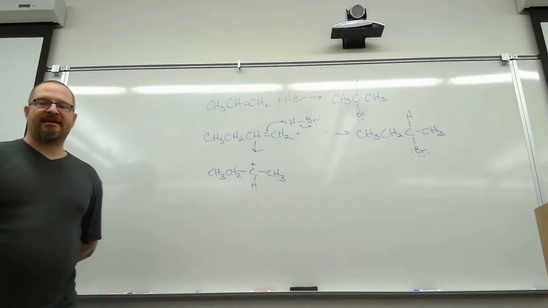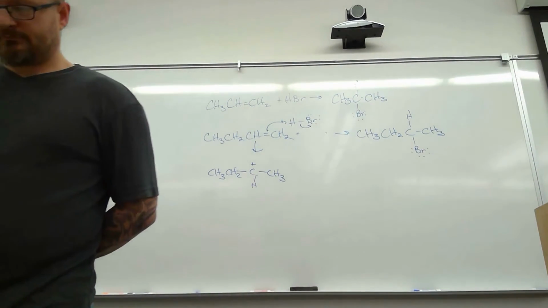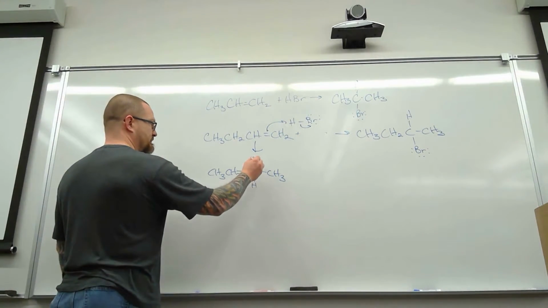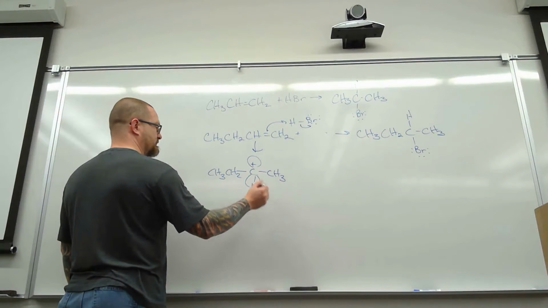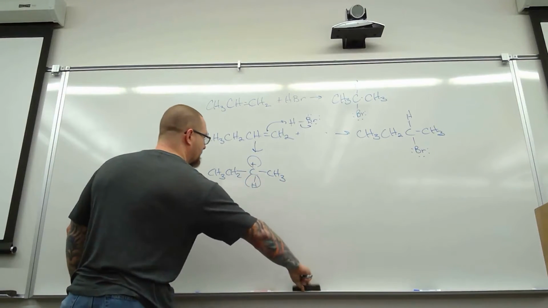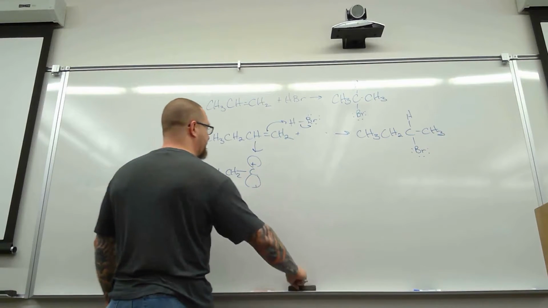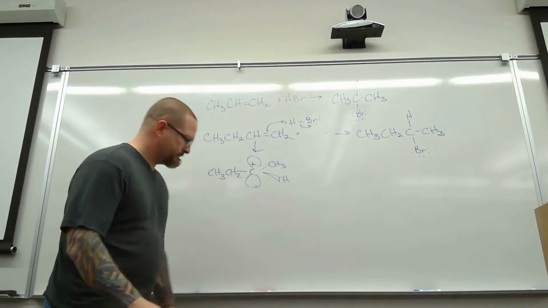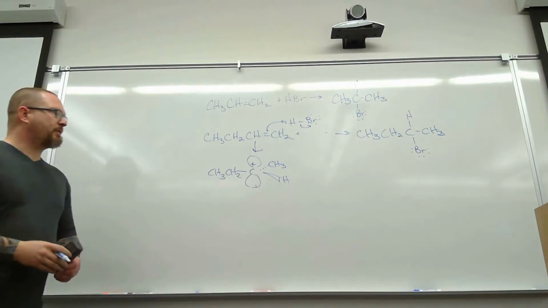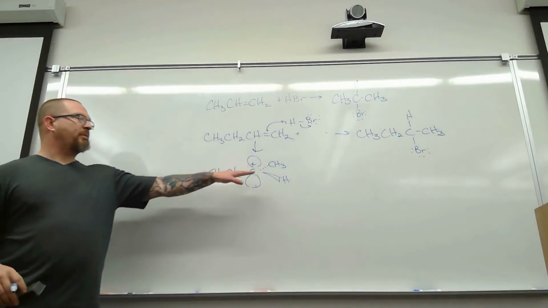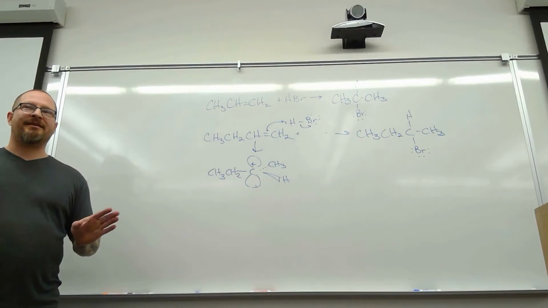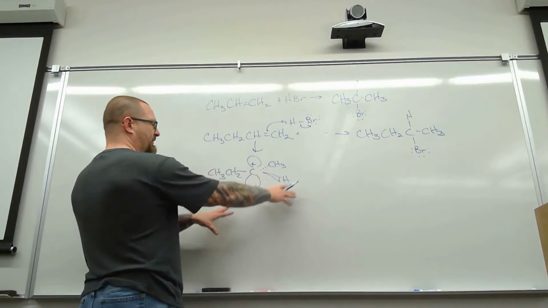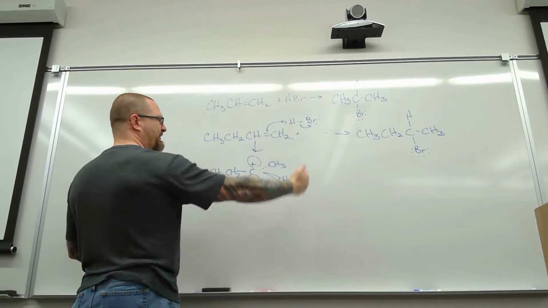Where is this positive charge residing? Empty p orbital. I'm going to revisualize this so it's a little more clear. There we go. We have an empty p orbital. What is the three-dimensional orientation of the three groups bound to the carbon? Trigonal planar, right?